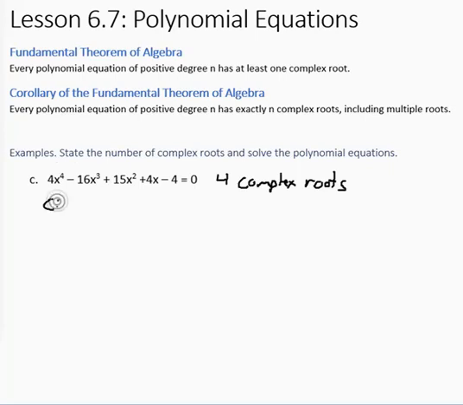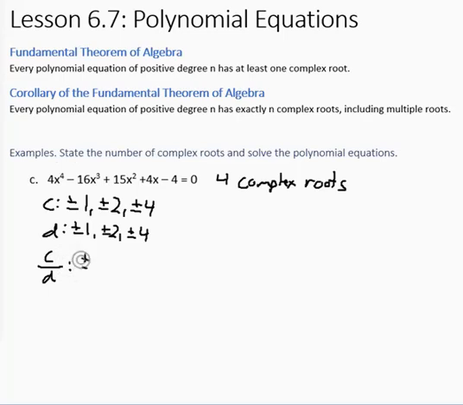So our possibilities for C are the factors of 4, which are plus or minus 1, 2, and 4. And then our possibilities for D are the same things. And so C over D are all the combinations we can make here.